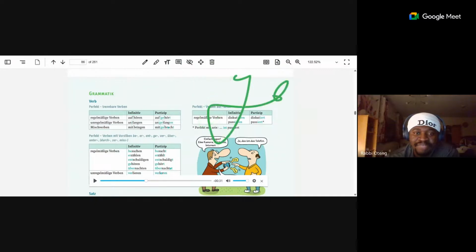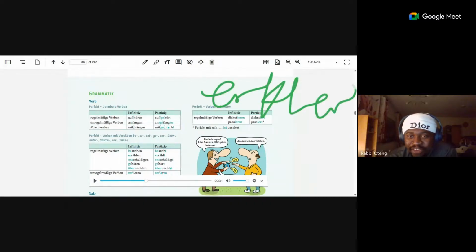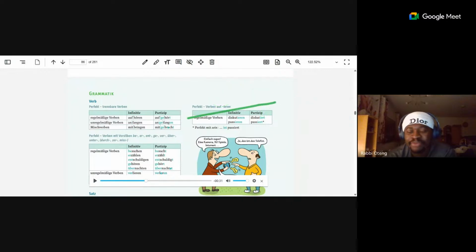You can't bring any GE after ver, be, and so on. For example, aufklären means to clear something out. Auf is separable, so aufgeklärt. But for erklären, to explain, you say erklärt because it's an inseparable prefix. So with a separable prefix, you just bring your GE between the prefix and the verb, then depending on how the verb is in the past participle, you add it.